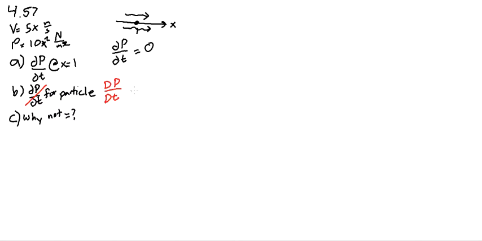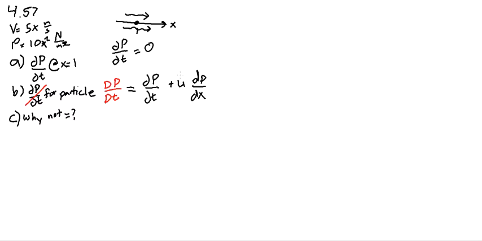And the way it does this is by saying d whatever, dt, equals the partial derivative with respect to time plus u dp dx.